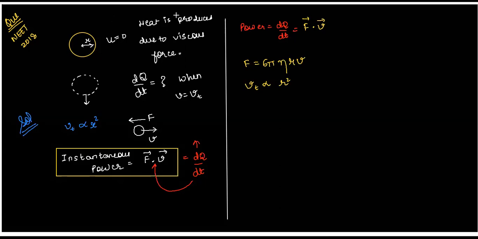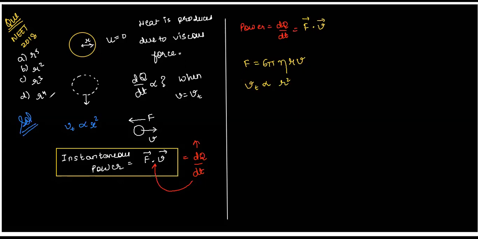The real question is how does this change of heat, that is power, depend upon radius? On which power of radius does it depend? You are given the options: r power 5, r square, r cube, and r power 4.